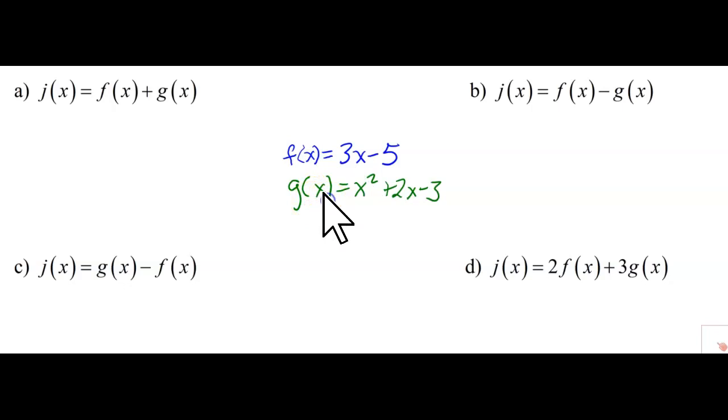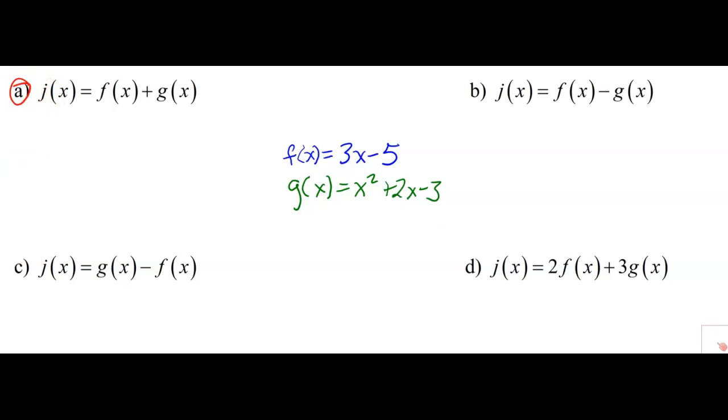G at x, I'm using x as my input. So essentially, that's not really a variable in the sense of you're doing something with it. You're just saying this is what I'm using in the equation that I created. Okay?